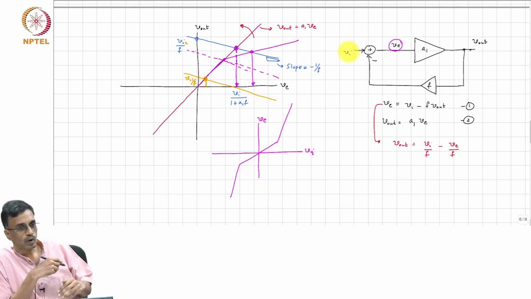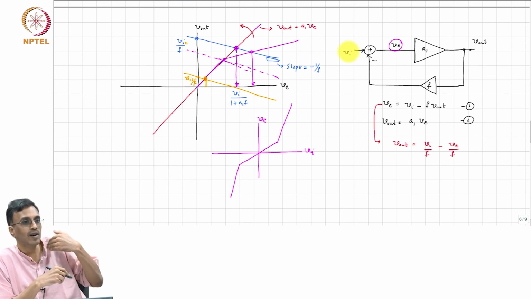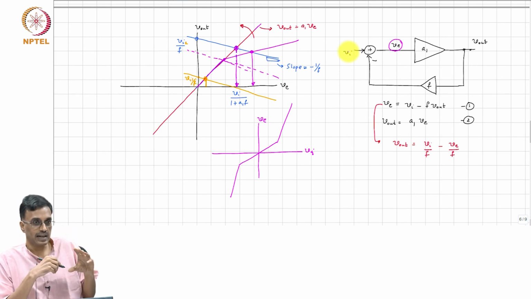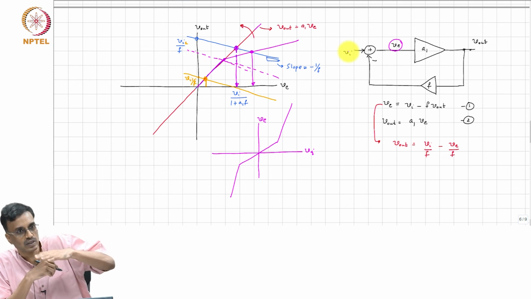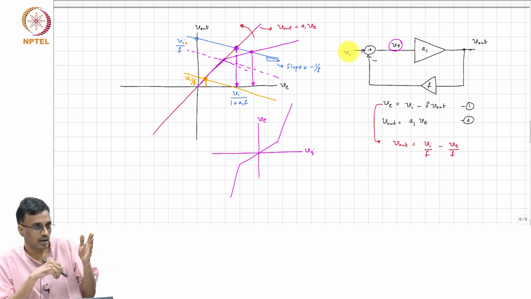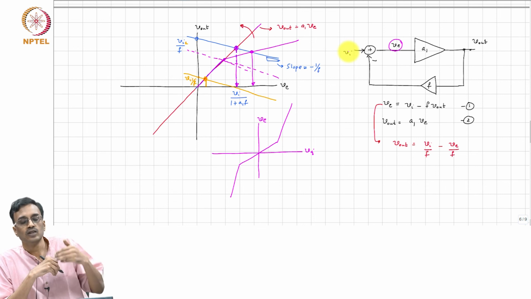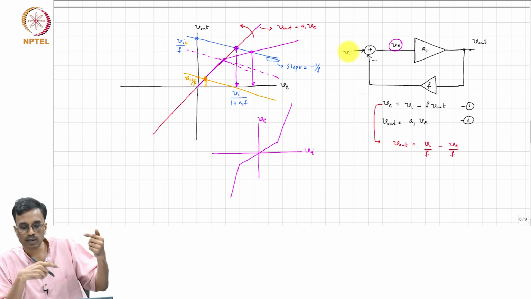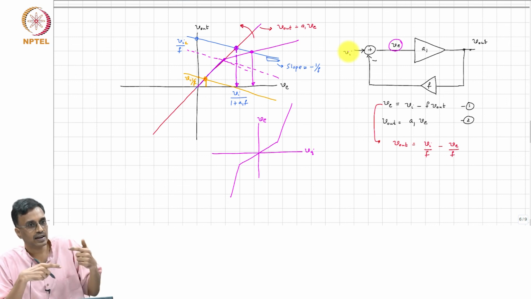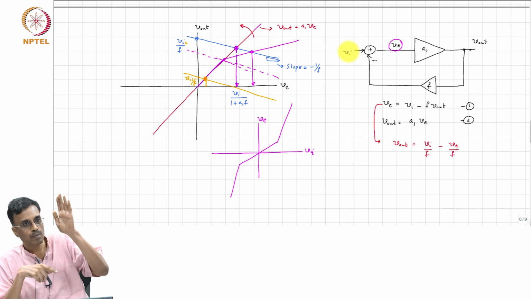Now, as you go on progressively increasing the magnitude of the input, the forward amplifier's output is not as high as it would have been if it was perfectly linear. So, the output is actually reducing with respect to an ideal linear amplifier. The negative feedback loop, in an attempt to make V out times F equal to Vi, can only do it by overdriving the amplifier.